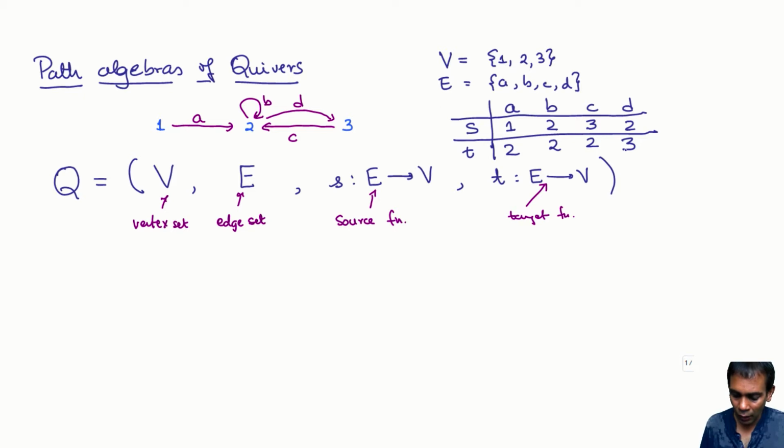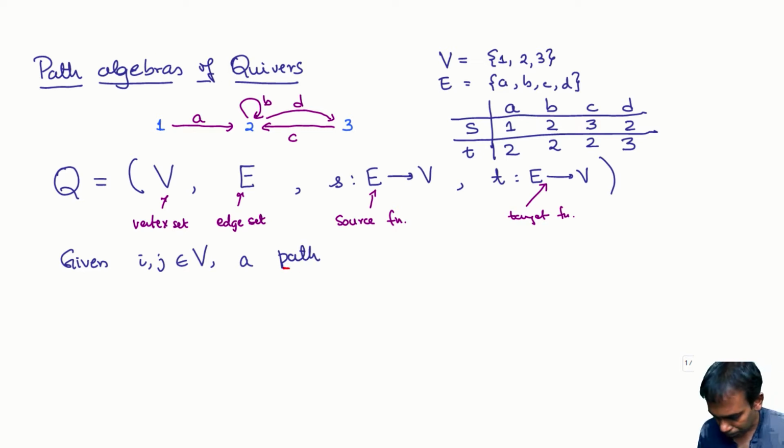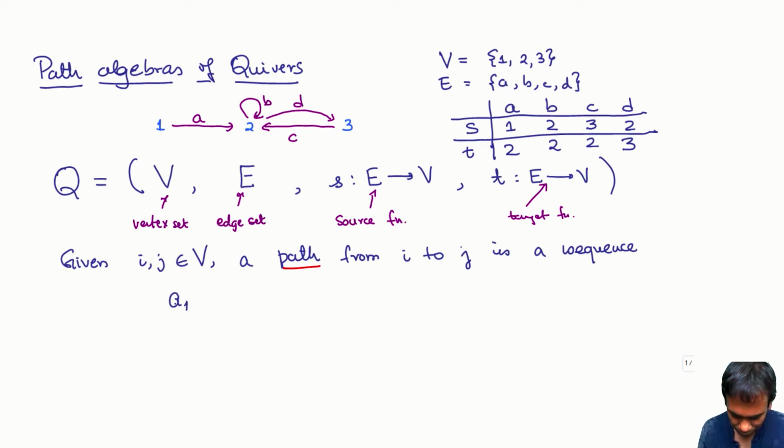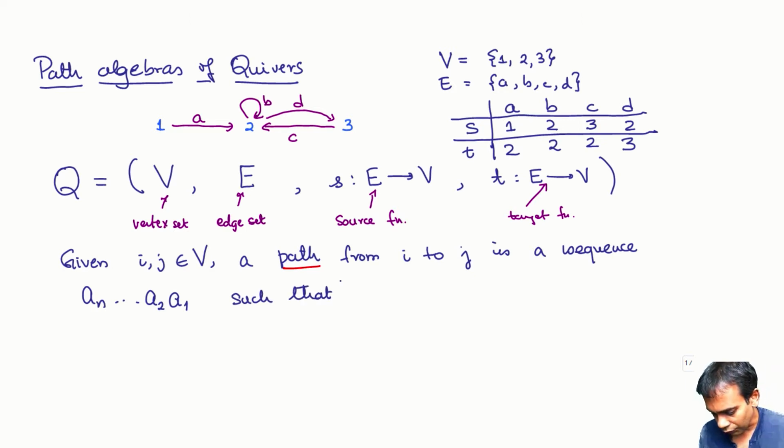Okay. Now, given two vertices, let's say I and J of the quiver, a path from I to J is a sequence of edges, and I'll write this sequence from right to left, A1, A2, up to AN, such that the source of A1 is I, the target of A1 is the source of A2, and so on.